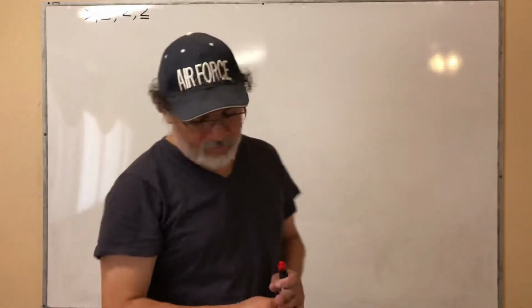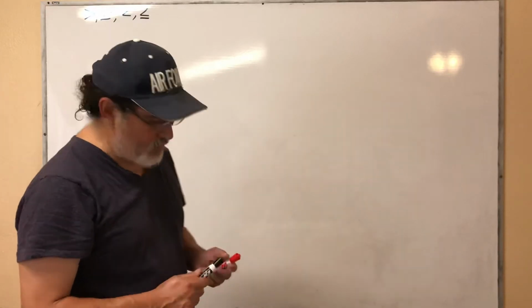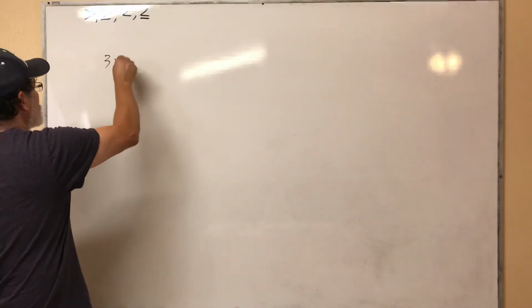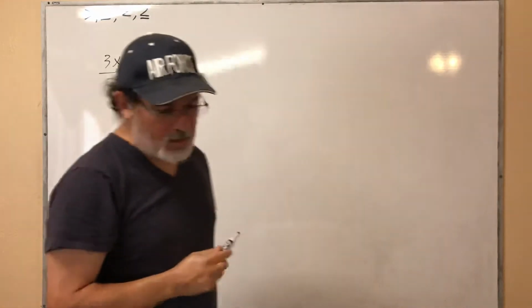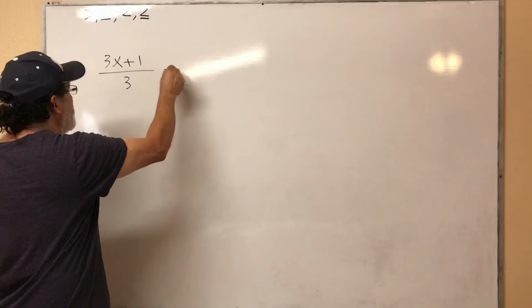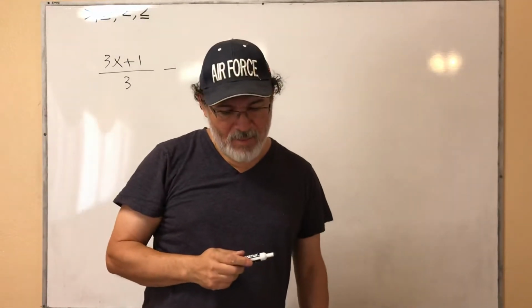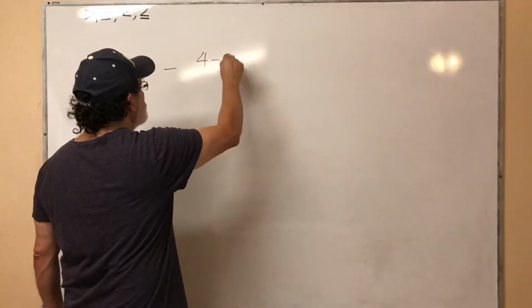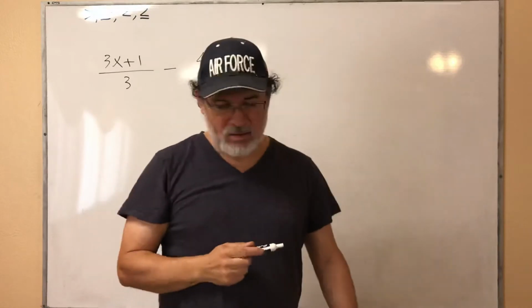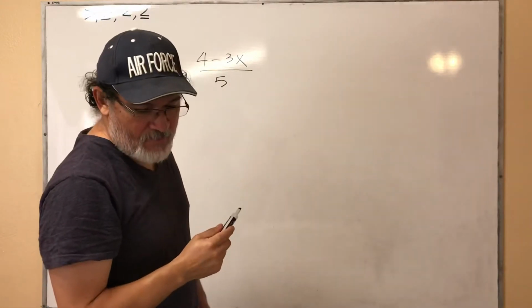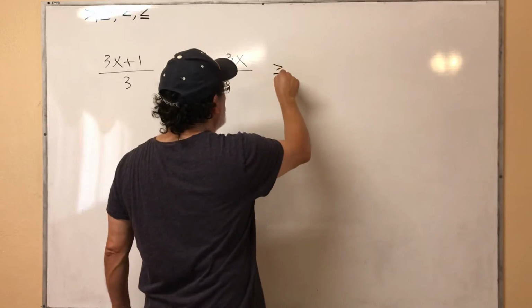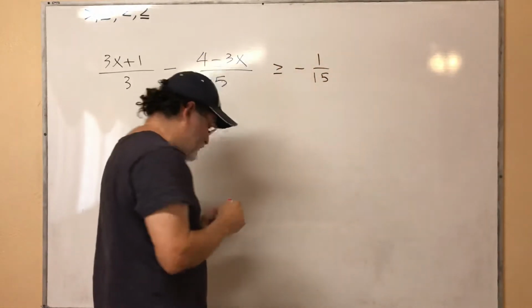Try. (3x + 1) over 3 minus (4 minus 3x) over 5 is greater than or equal to negative 1/15. There you go. All right?